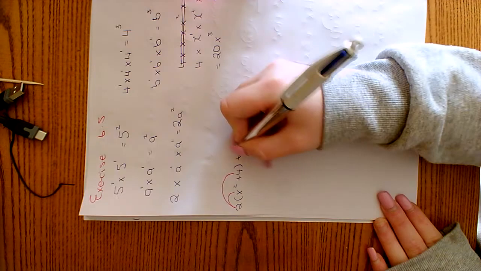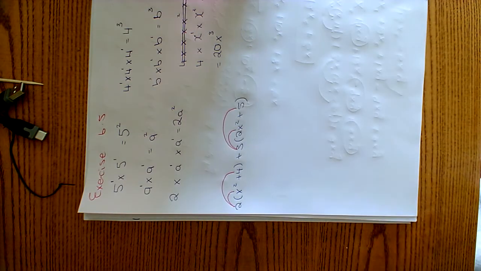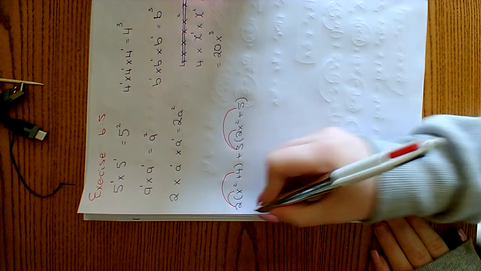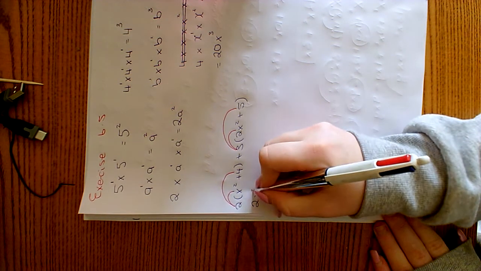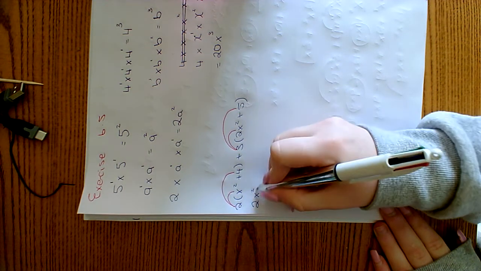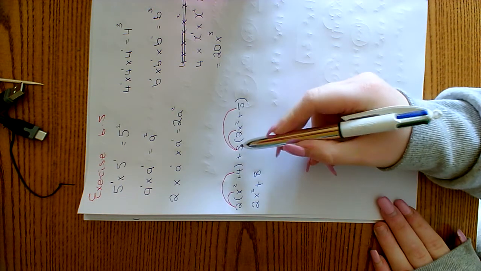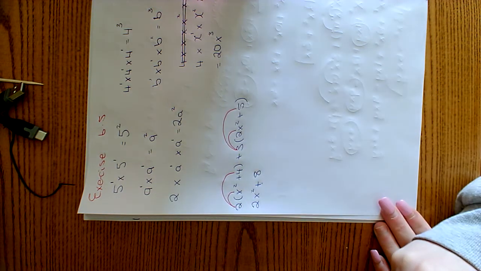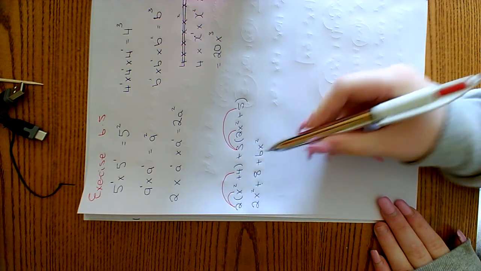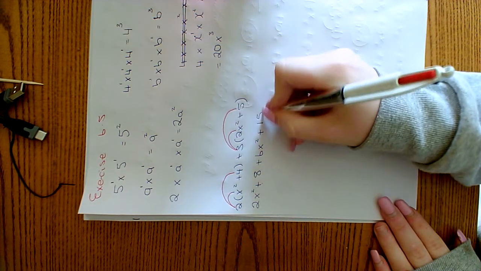Now I have 2 multiplied by x squared, which gives me 2x squared. Then 2 multiplied by 4 gives me plus 8. Then 3 multiplied by 2x squared is plus 6x squared, and 3 multiplied by 5 gives me plus 15.